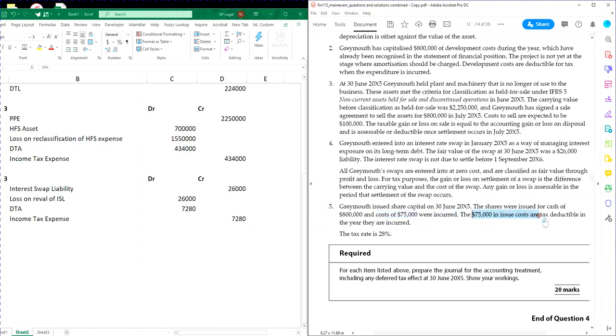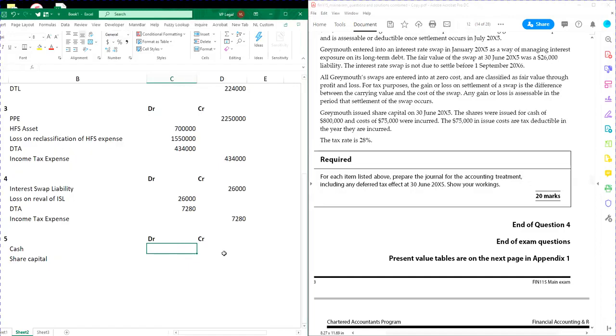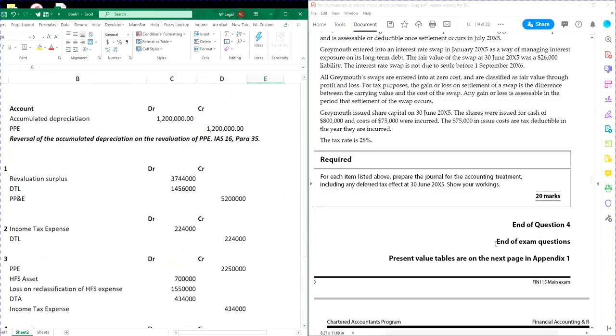The $75,000 in costs are tax deductible in the year they are incurred. So okay, in this question what we're going to do here is share capital of 800,000 minus the costs of incurring, and then this one's going to equal the same because you're getting an injection of cash. And that's it. That's the end of the paper.